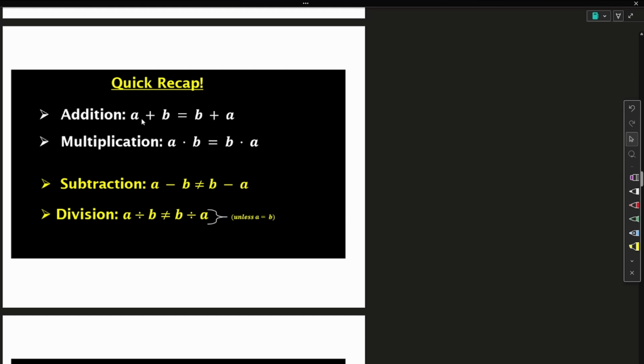For addition, we have A plus B is equal to B plus A. For multiplication, A multiplied by B is equal to B multiplied by A. But subtraction and division are not commutative. The commutative property simplifies calculations, forms the foundation for algebra, and has real-world applications.